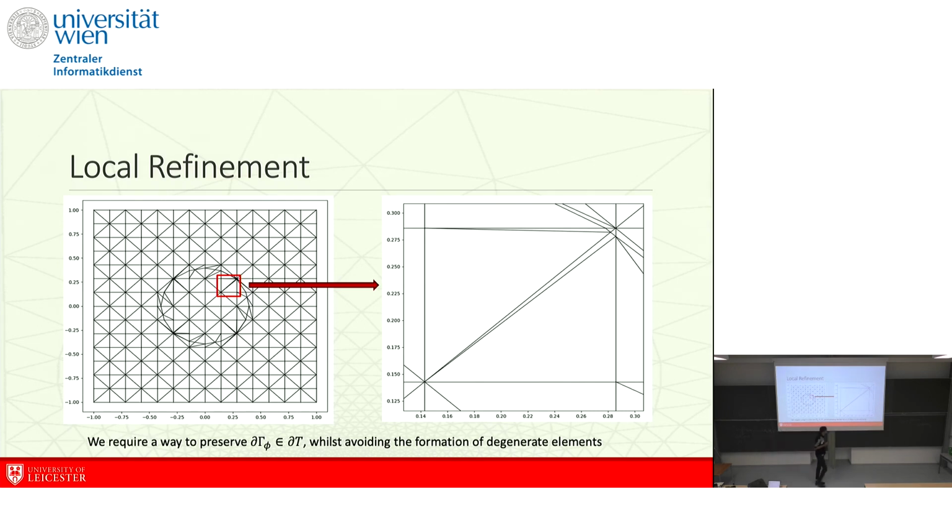And degenerate elements like this are not well defined on a continuous basis. So what we require is a way to preserve this boundary whilst avoiding the formation of degenerate elements.